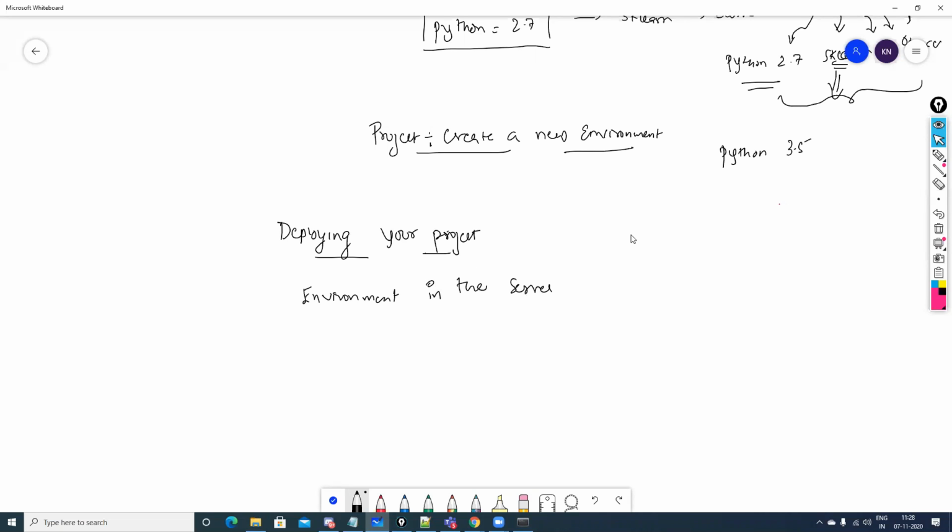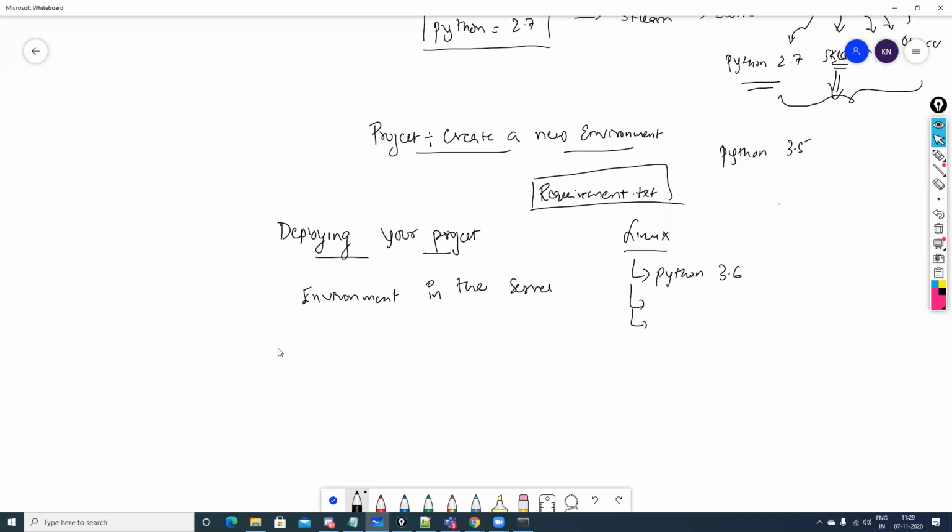Suppose I take a Linux machine in the server. I say that it should have Python 3.6 because I've developed my project in Python 3.6, and there will be one requirements.txt file that I will be creating. In this requirements.txt file, it will mention all the library names I need to install, which are compatible with all these things. And we will try to install them over there.